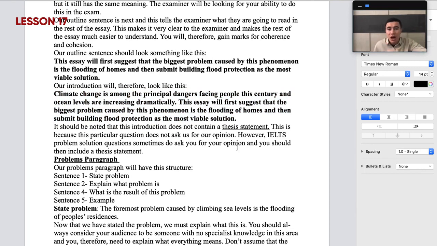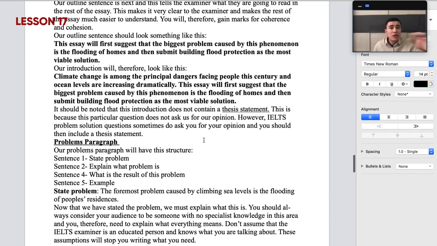As you can see, we don't have a thesis statement because this particular question doesn't ask us for our opinion. However, IELTS problem solution questions sometimes do ask you for your opinion, and you should then include a thesis statement. So keep that in mind.